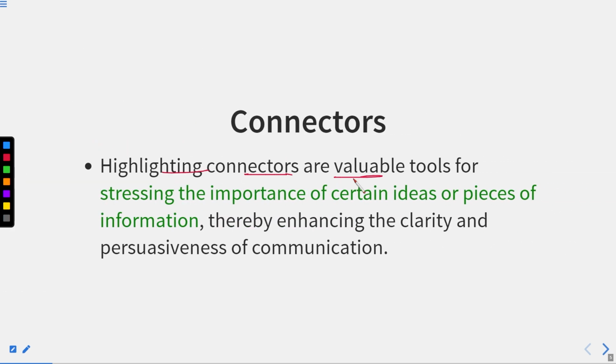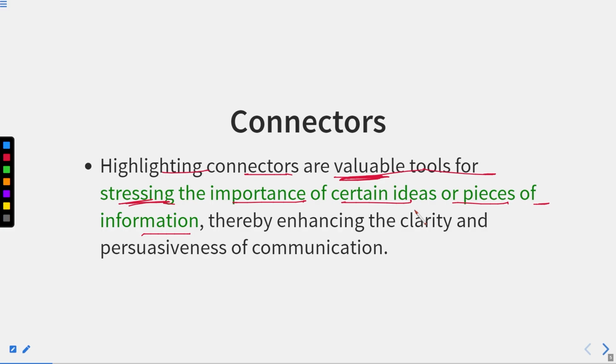Highlighting connectors are valuable tools for stressing the importance of certain ideas or pieces of information. Now you can see that in this paragraph, I have highlighted this part with green color. It means I want to show that this part is something important which should be kept in mind.